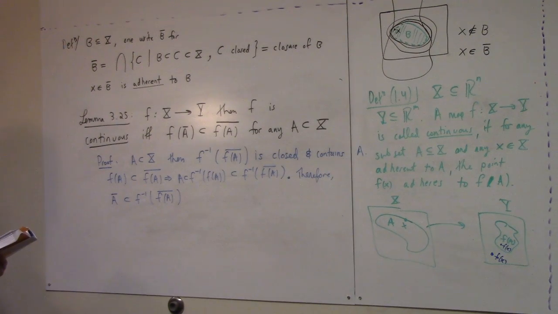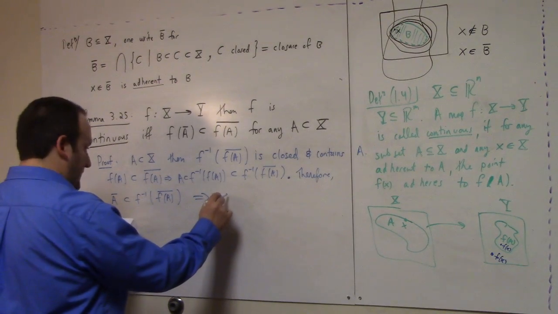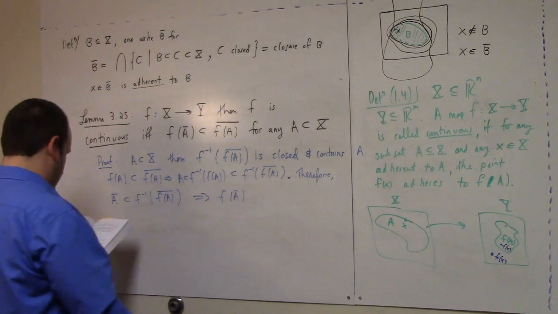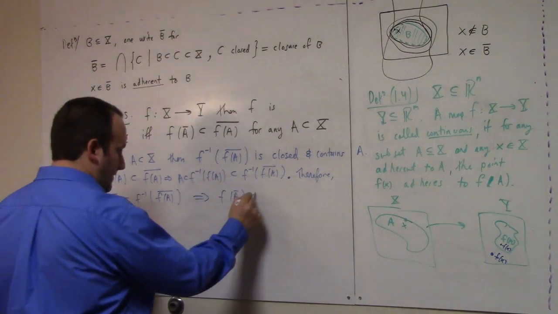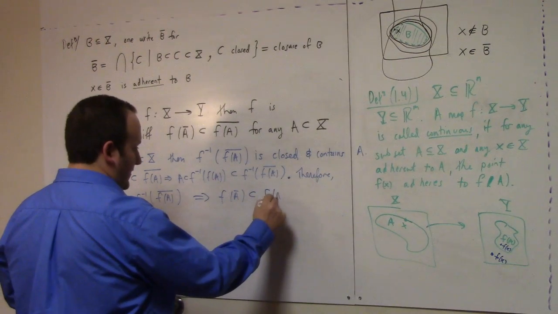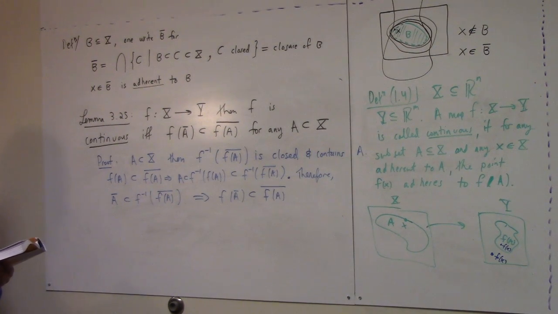So then what's that say? From this we can see that f of A closure is a subset of the closure of f of A. Which is good, because that's what we're trying to prove.